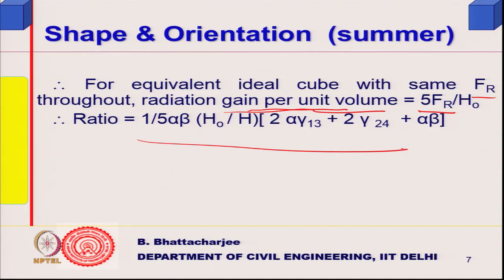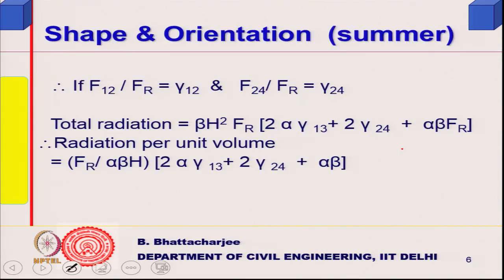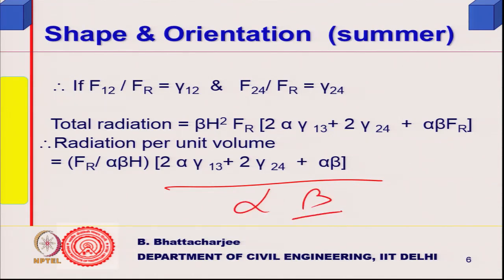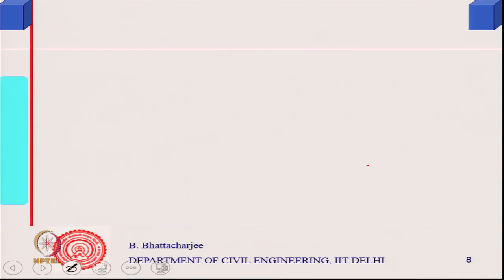So, the ratio one can calculate should be as close to 1, or you simply minimize this value. Find out various values for alpha beta, choose one of them, the other one you can find out. Find out whichever is least, and for various values you can find out what orientation is better.